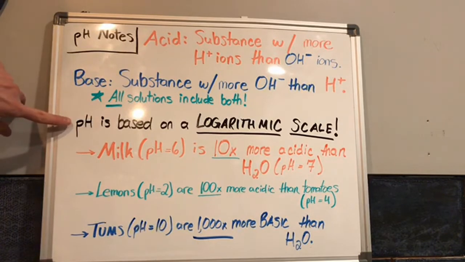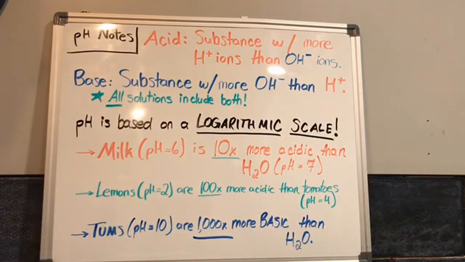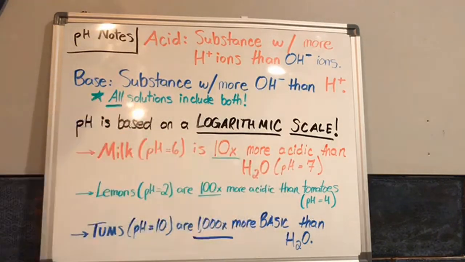But more about pH is that it's based on the logarithm scale. What else is based on logarithms is the Richter scale. If you ever hear about certain earthquakes having a certain number on the Richter scale, it's not just twice as intense. Actually, everything's based on 10 times. If you look at two very popular substances, milk is a pH of 6, water's got a pH of 7.